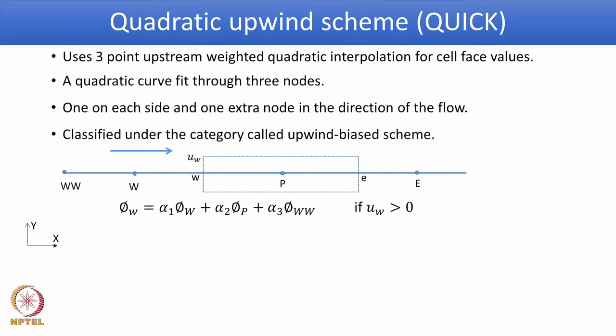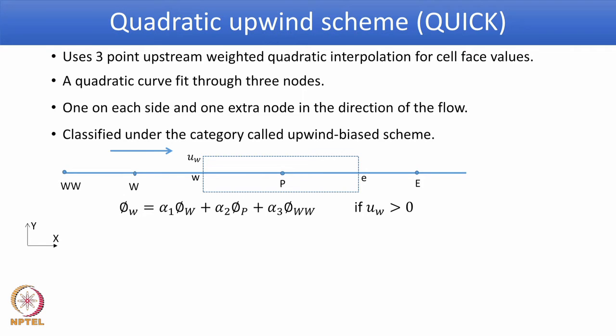Then the phi value at that face is related to alpha 1 phi at W, then alpha 2 phi at P, and one more node in the direction of the flow, that is WW, given here as alpha 3 phi WW. So, you can observe this is the face you are interested to find out. You have one node on either side and one extra node in the direction of the flow.